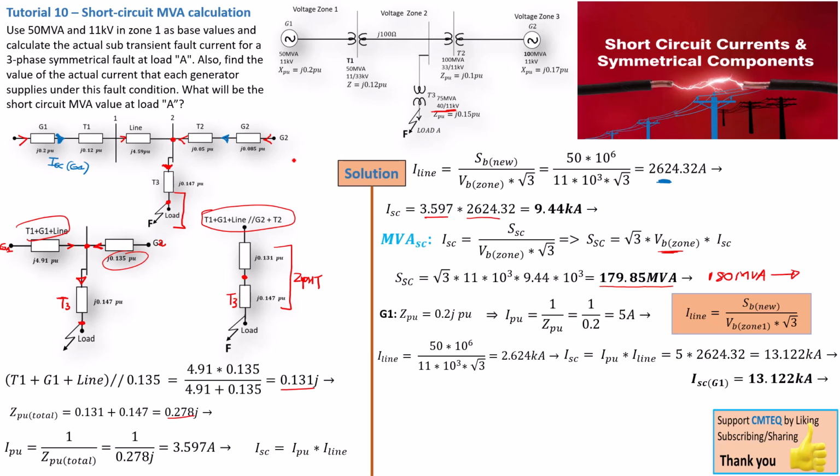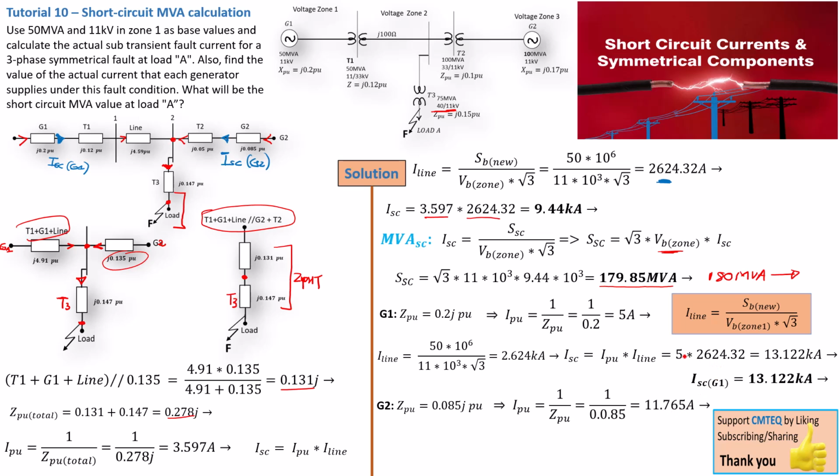Okay, so we use the same method to calculate the short circuit for generator 2. How much I short circuit are we getting from generator 2? Now generator 2, we know Z per unit is 0.085, so it's smaller, which means we expect a much larger short circuit current. You can see that I per unit for generator 2 is 11.765.